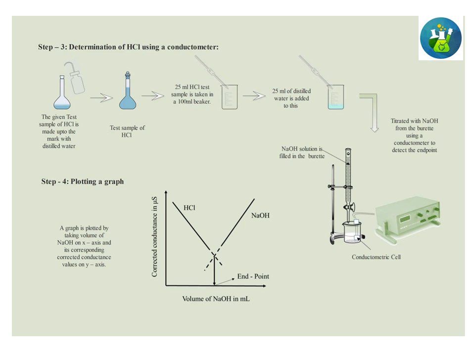So your tabular form will be serial number, volume of base added, conductance C, and corrected conductance C dash. Say the first value is 0. You have to note down the conductance of the acid solution as it is. Then add 0.5 ml. What is the total volume? 0.5. Record the value. Add another 0.5. What is the total volume? 1 ml. Record the value.